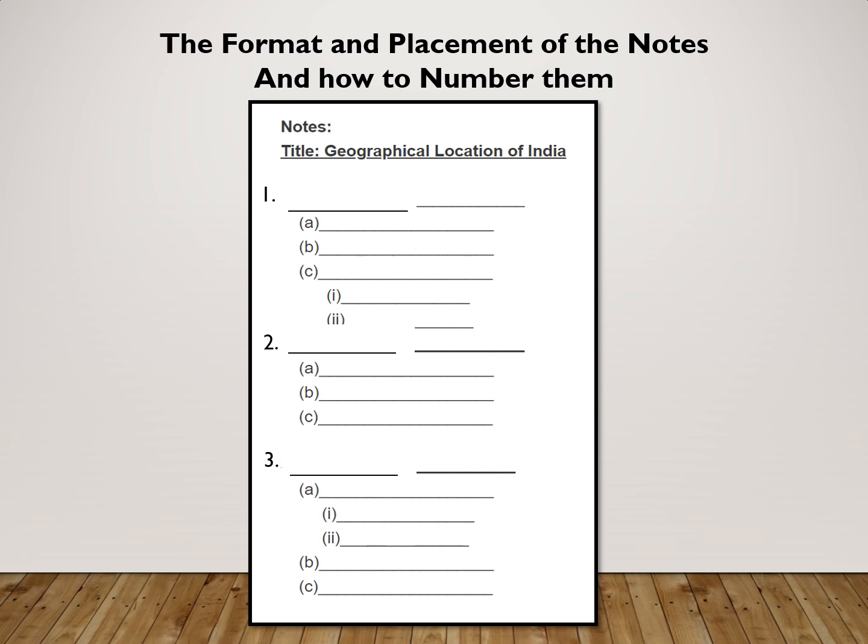So if you look at the format and the placement of notes, how to number them, we can see this is the heading. This is the place for the main point. These are the sub points, and instead of mentioning them as 1.1, they have been mentioned as A, B, C, and the sub point of C has been mentioned as 1 and 2 in small Roman numerals.